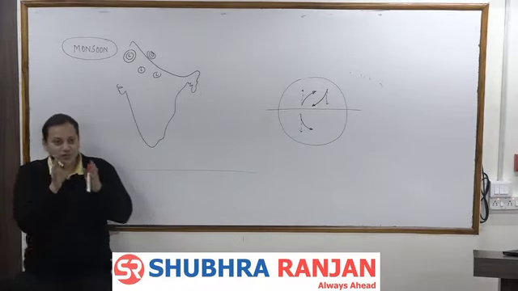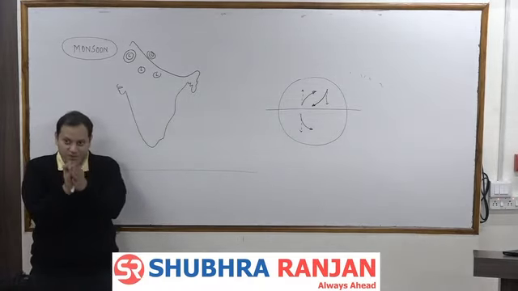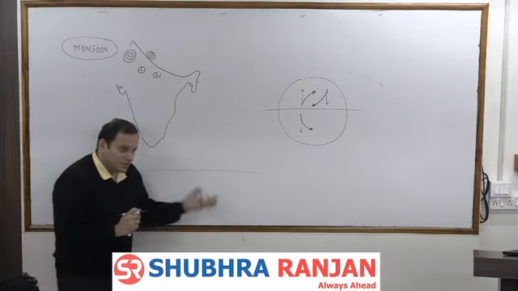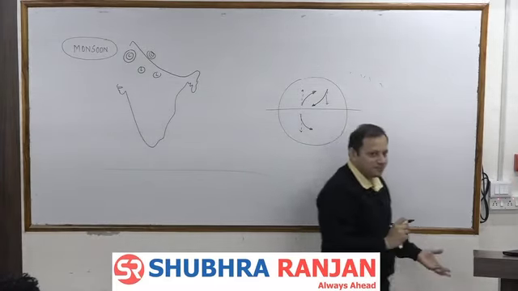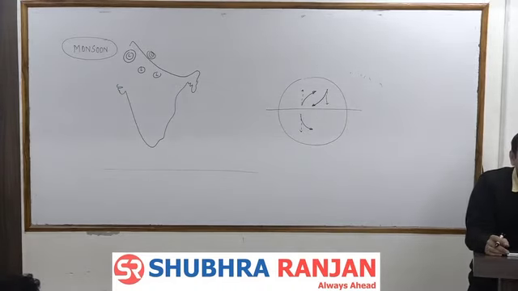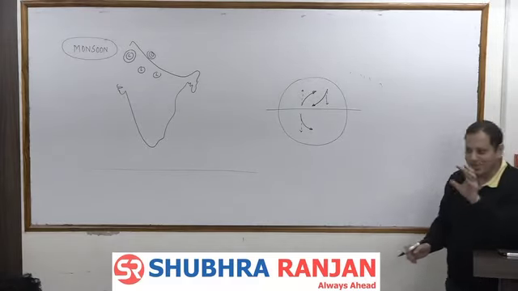Identify the Coriolis force by putting an arrow, putting yourself in the direction of arrow and then deflecting it. क्योंकि Coriolis force के पीछे अगर जाओगे तो आपको M.Tech में एडमिशन लेना पड़ेगा, because the Coriolis force is not that simple concept.